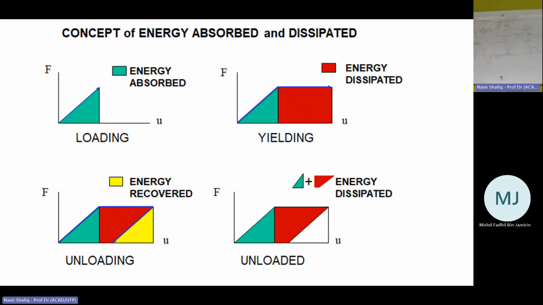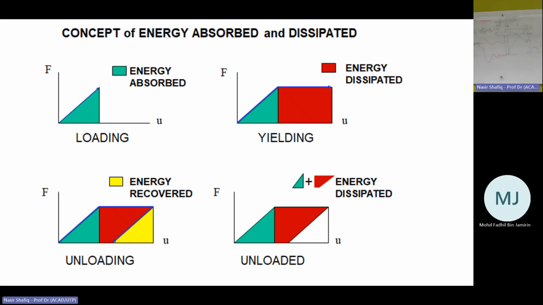In general, in basic solid mechanics, if you take a tension test, you are pulling by delta, and when you remove the force, it comes back to the original length. So within the elastic range, this is the loading cycle.